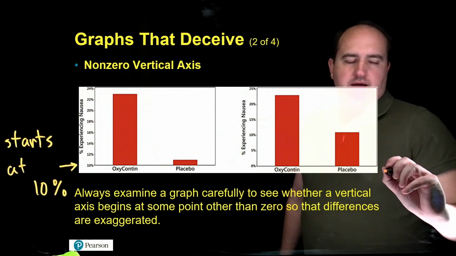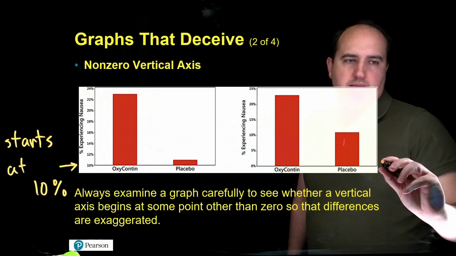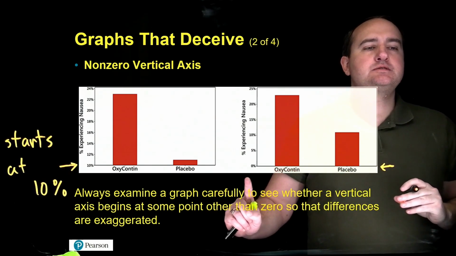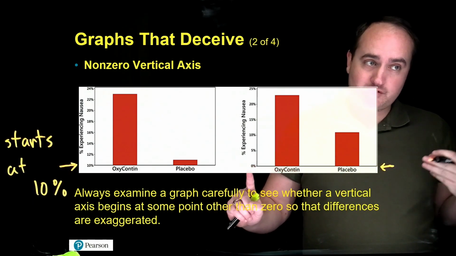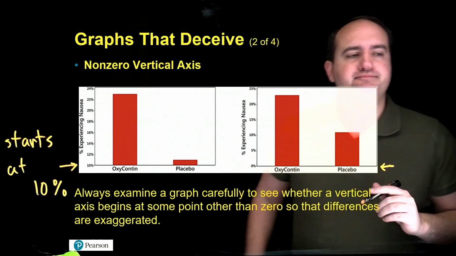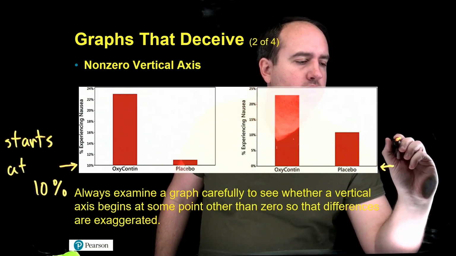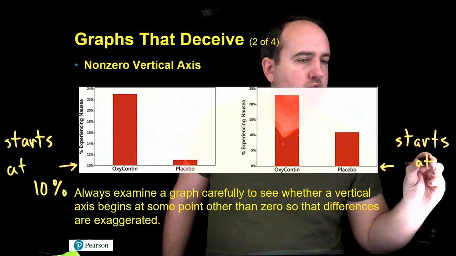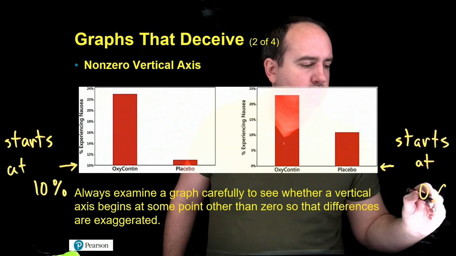Whereas this graph over here, which is representing the same data, if you look on the left side on the vertical axis, this graph starts where it's supposed to start, which is at 0%. Starts at 0%.